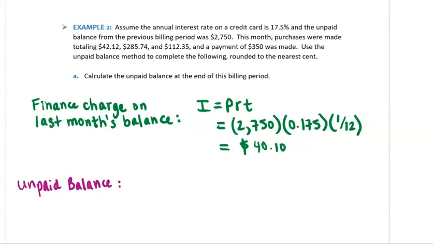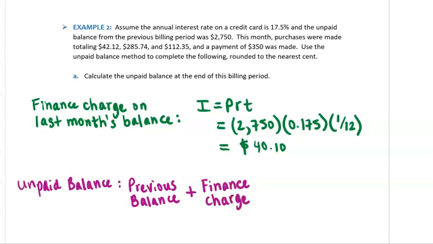Which is the sum of the previous balance plus the previous finance charge, or in other words, the interest on the previous balance, which is what we just calculated, plus any purchases, minus any credits, such as payments that are made to the account or returns that are made.